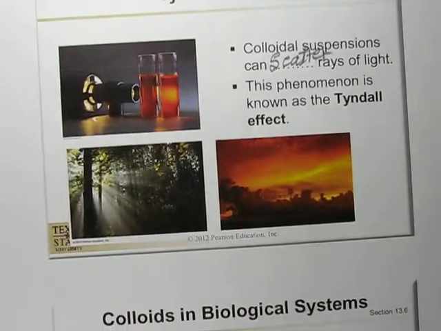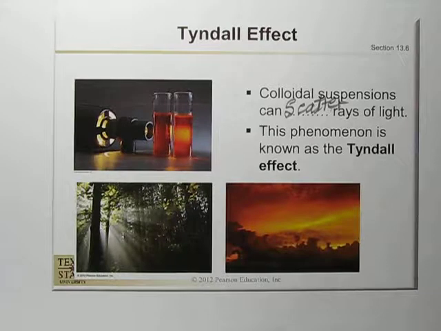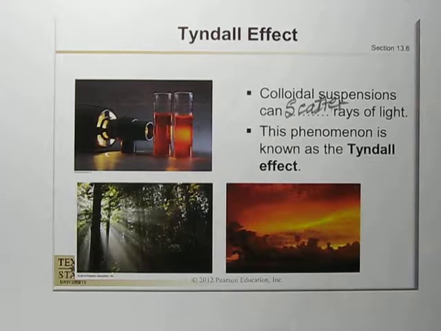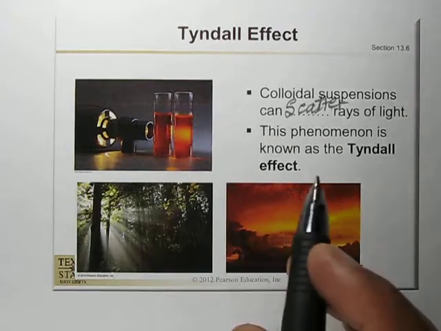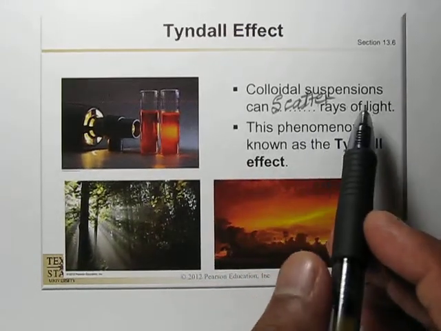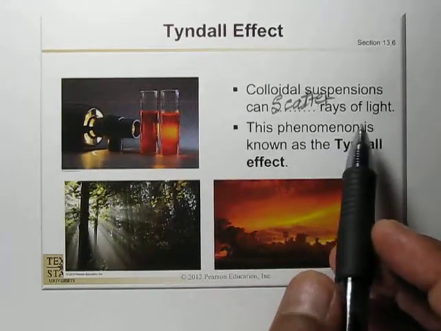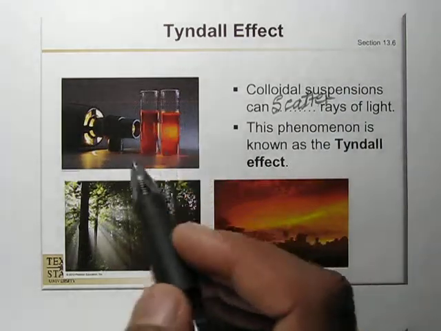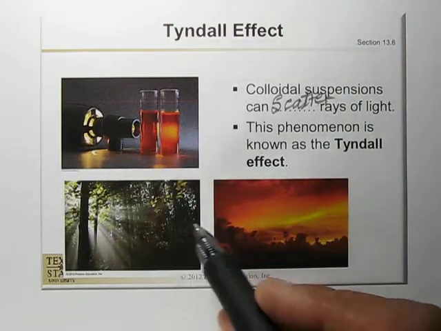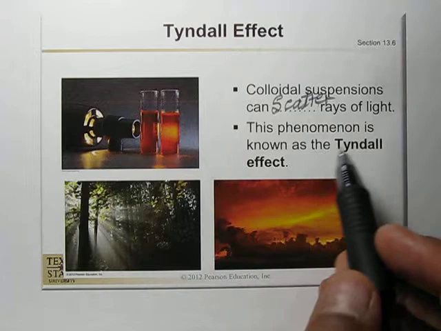The next slide is the Tyndall effect. We have seen this slide earlier. A colloidal suspension can scatter rays of light, right? So any colloid, like in the environment, can scatter light. This phenomenon is known as the Tyndall effect.